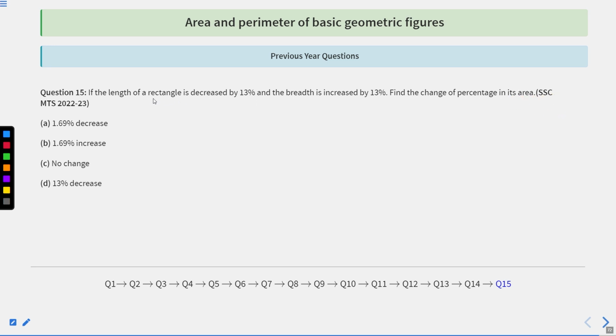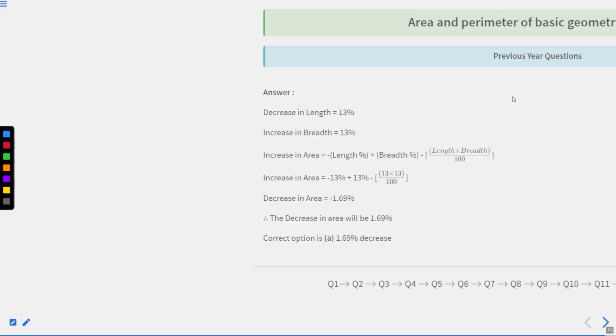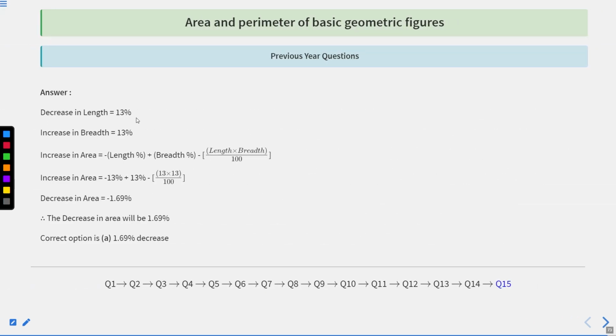So we have a rectangle, and if its length is decreased by 13% and breadth is increased by 13%, then we are interested in finding the percentage change in its area. So how much the area is going to change, that is what we are interested in. It is given that length is decreased by 13% and the breadth is increased by 13%.